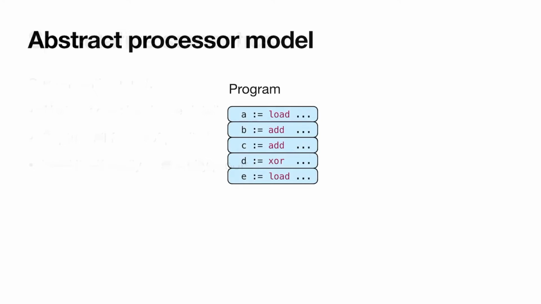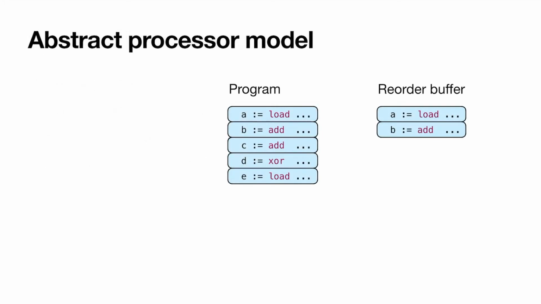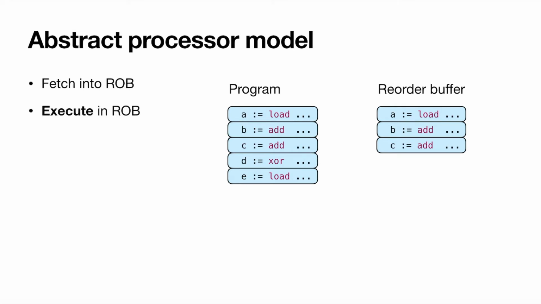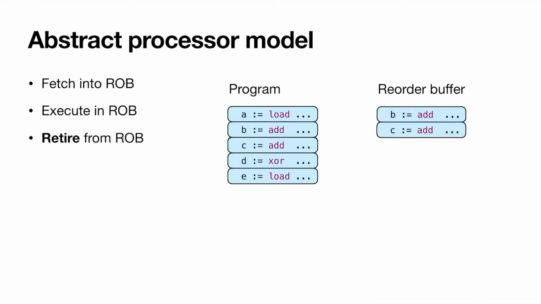We don't want to have to worry about what specific hardware a program might be running on. So our semantics models a general multi-stage pipeline processor, and we keep track of a reorder buffer, which holds the set of transient or in-flight instructions. And at each semantic step, we can fetch the next instruction from memory into the reorder buffer, we can execute an instruction anywhere in the ROB, or we can retire the oldest instruction in the buffer if it's fully resolved.